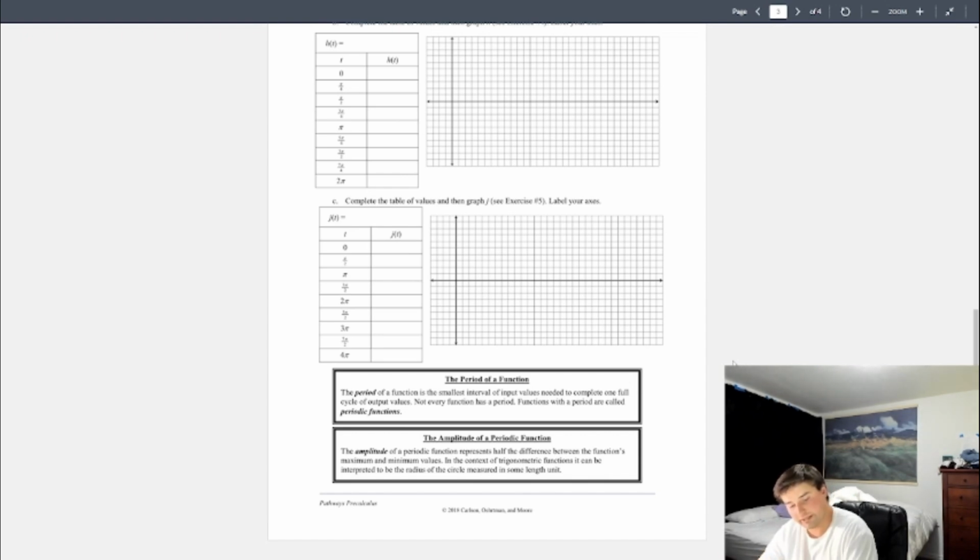Let's see, I wonder if there's a way to easily find that out without graphing. Well, you see the 2t, 0.5t, or just t. So the indicator of what's going on inside the parentheses will give you a hint.